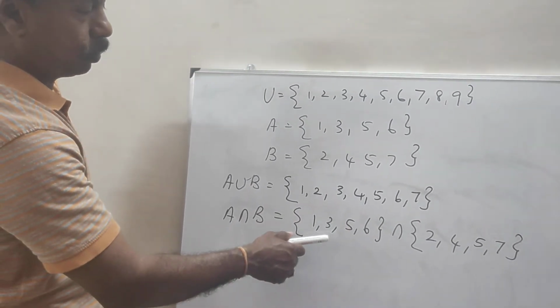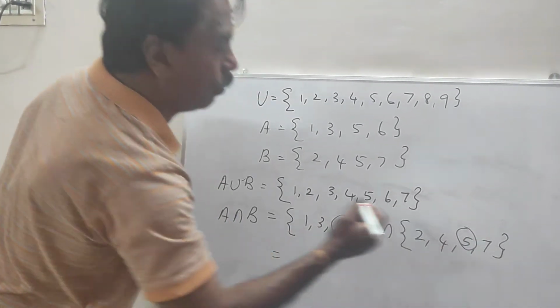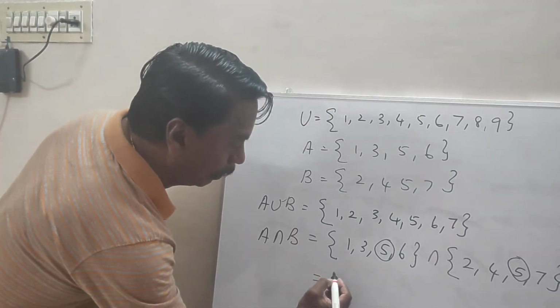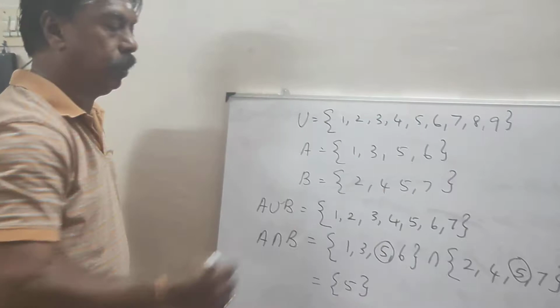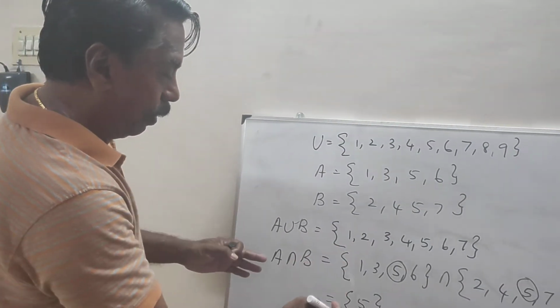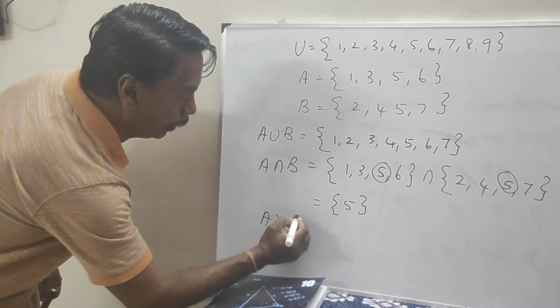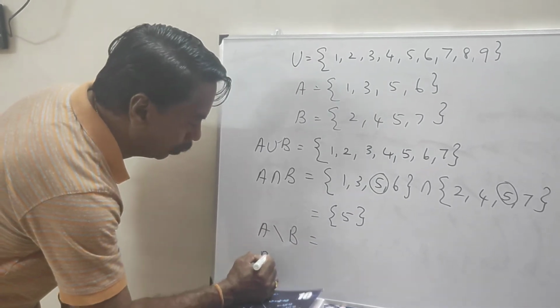See that 5 belongs to both A and B. Therefore, A intersection B is 5. Now, from this itself, we can find what is A slash B and what is B slash A.